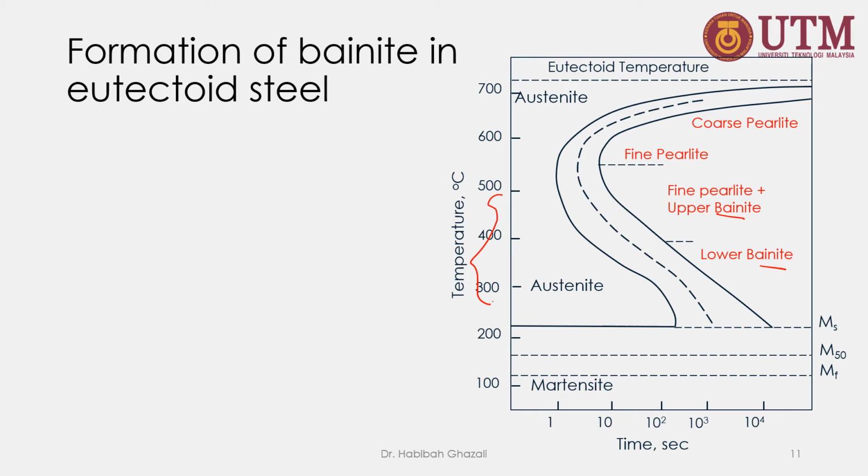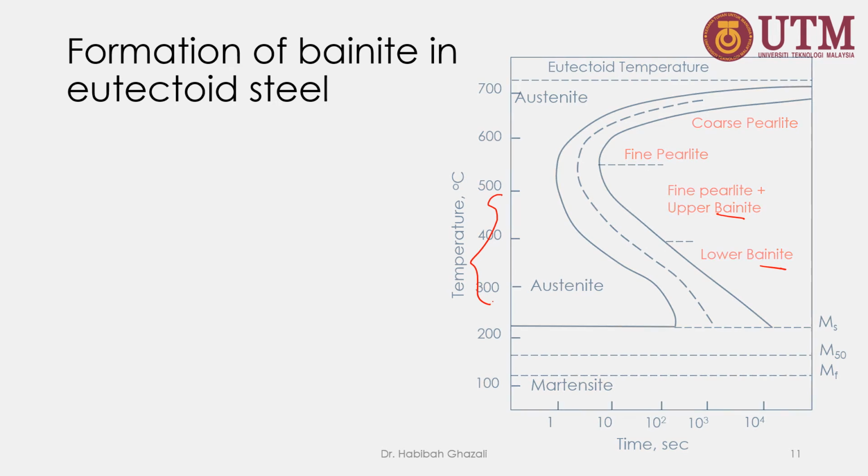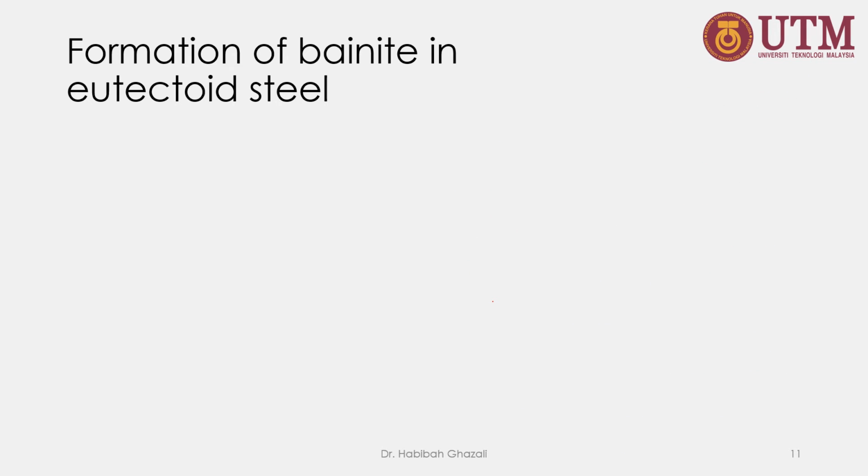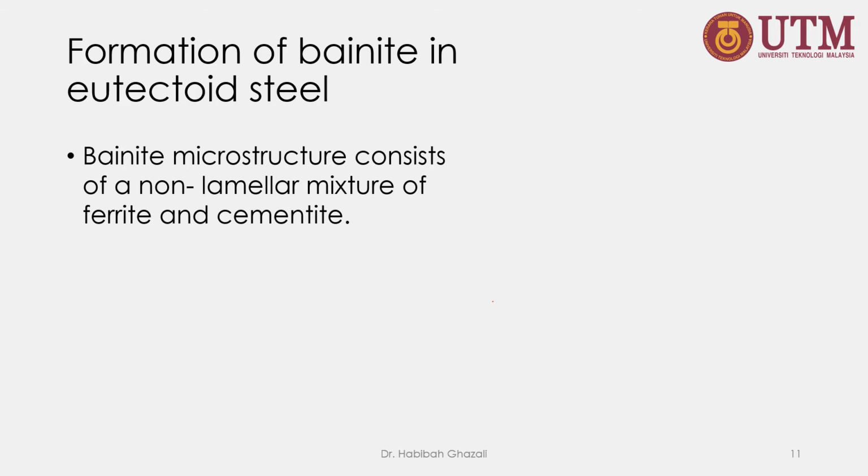So here I will just explain a little bit on what is bainite. Bainite is a microstructure that consists of a non-lamellar mixture of ferrite and cementite. For pearlite, what we have described before, when the transformation of cementite and ferrite happens, it transforms simultaneously.